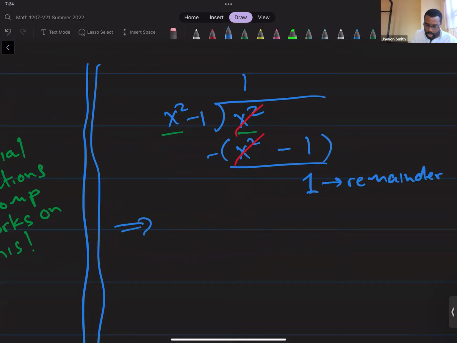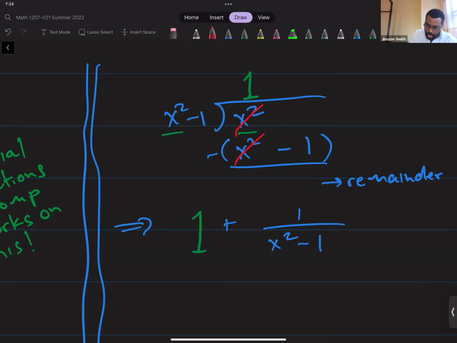So this means I get 1 plus 1 over x squared minus 1, where maybe I'll make that a different color. So the 1 up here, just made that green, would be this one.